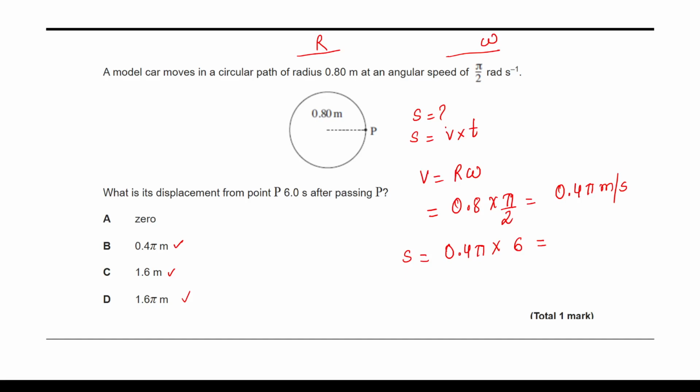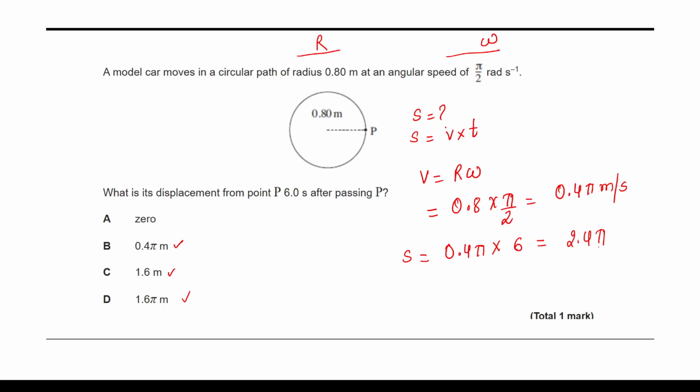To figure out how much distance it is actually moving, I'm going to use my calculator to do this multiplication. This is coming as 2.4 pi.